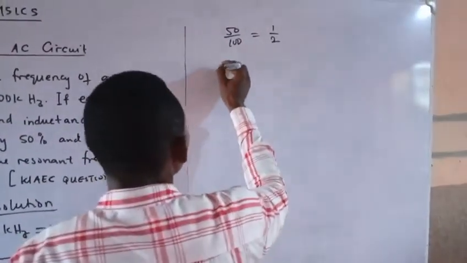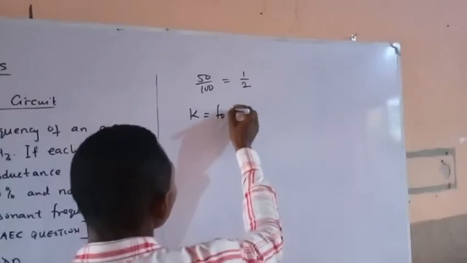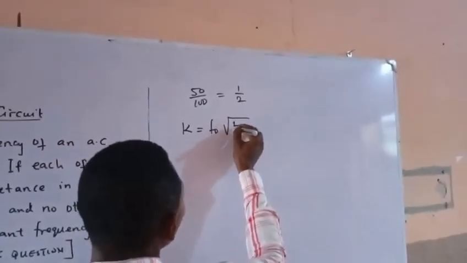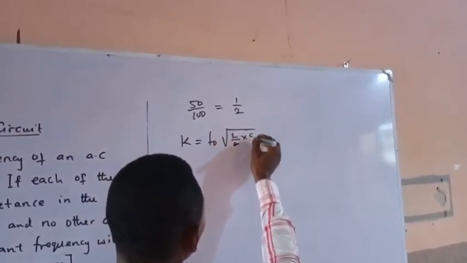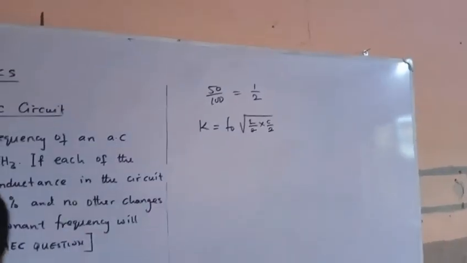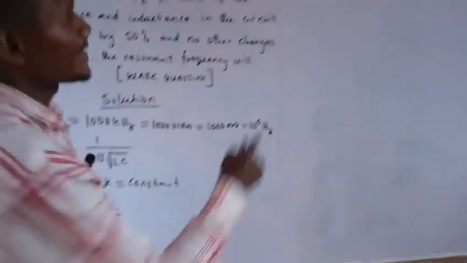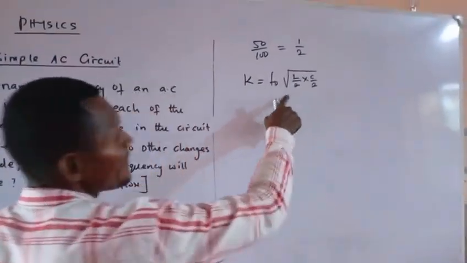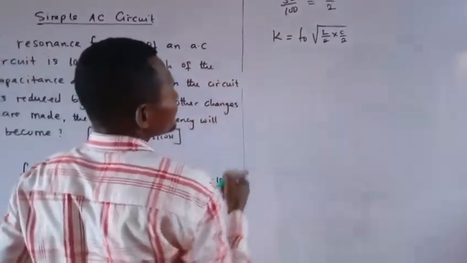By doing so, we can now have K is equal to F0, the square root of L over 2 times C over 2. You know that LC means L times C, and these two of them are reduced by half. That is 50%, which is half.